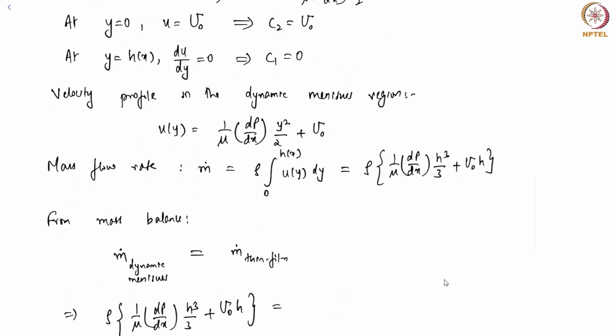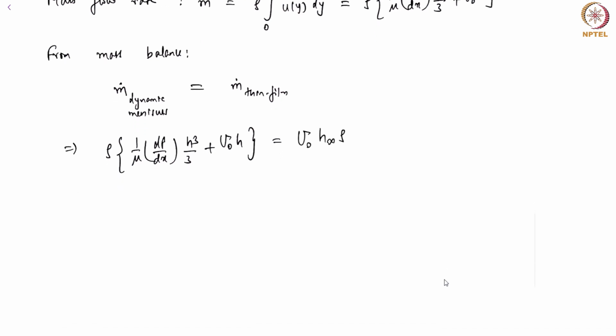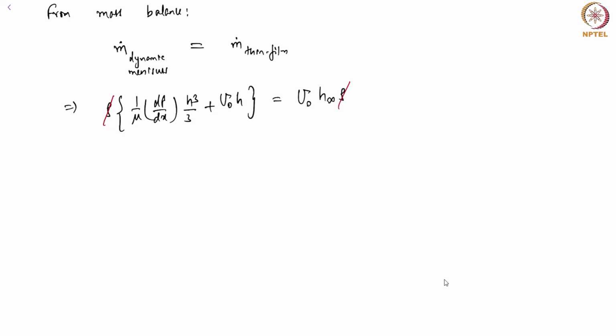Okay, and I can cancel rho on both sides and rearrange the terms to get dp by dx, the pressure gradient in the dynamic meniscus, h.